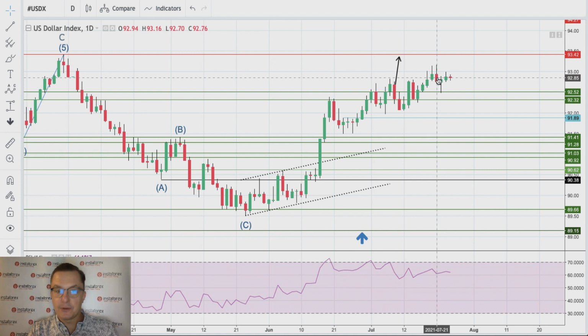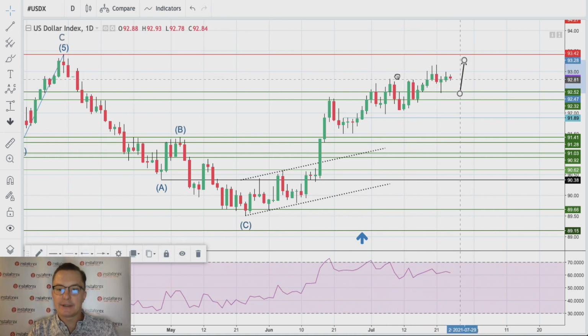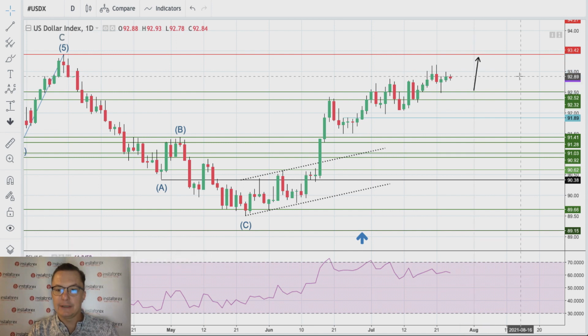The high so far was 93.16, but generally our scenario is still active, and right now we got our key technical support at 92.52. This is the technical support made and tested on the 22nd of July 2021. We are waiting for the test of the recent high made on the last day of March 2021, 93.42.